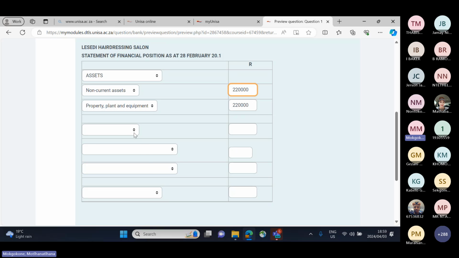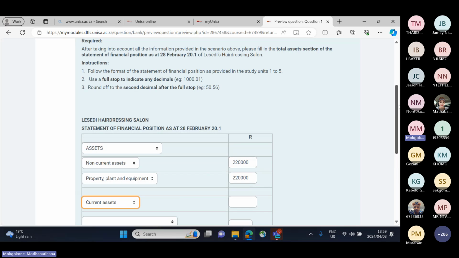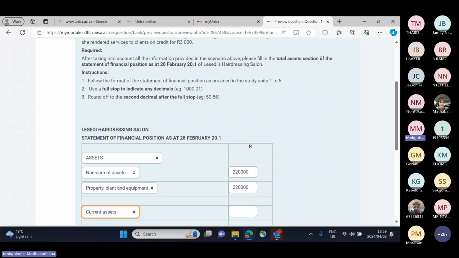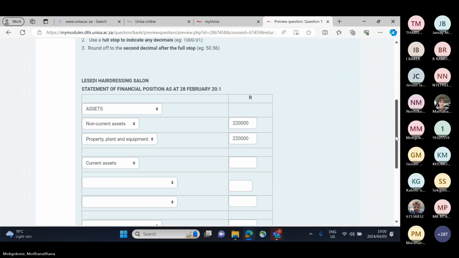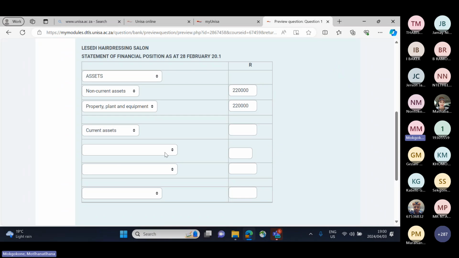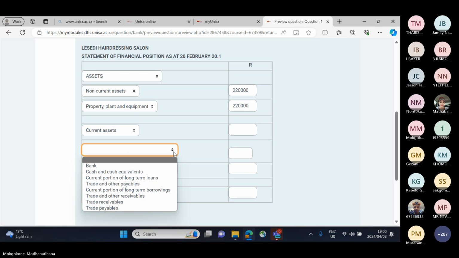Then here you come, you say non-current assets and current assets. Remember, we have cash and cash equivalents.